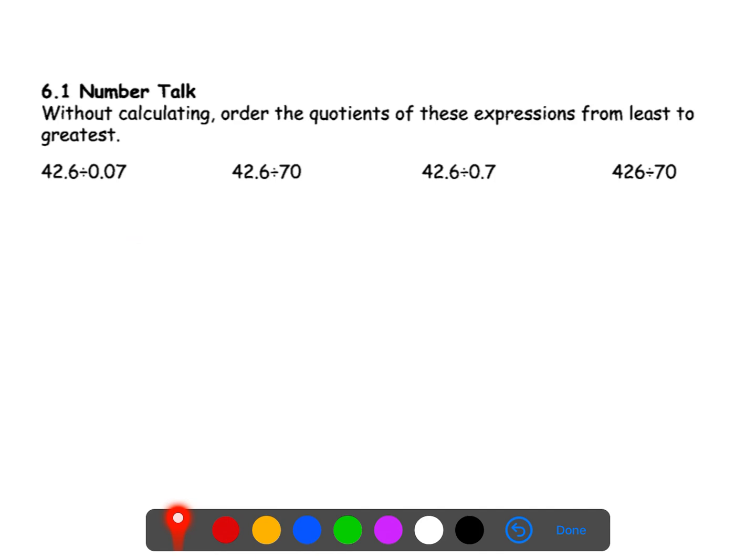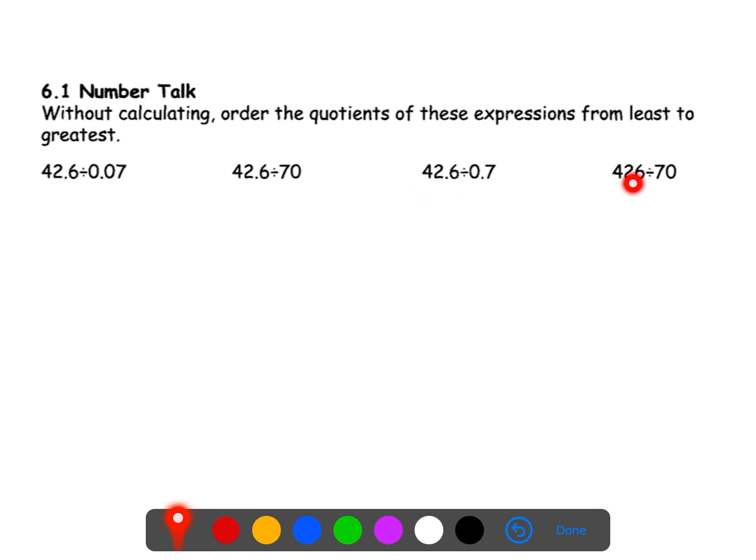largest. Now, as I look at these 4 expressions, I see that they all have the same dividend except for this last one. It's the same digits, but they're in a different place, so they have a different value. What I want to try to do is make that the same. So I want to turn 426 into 42.6.